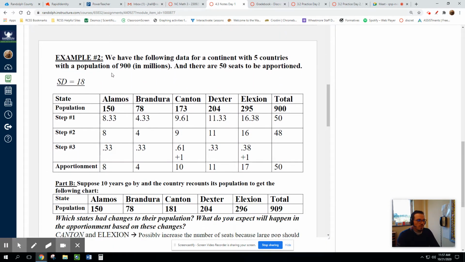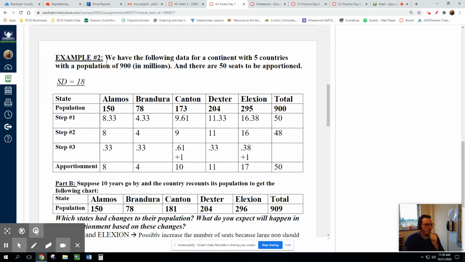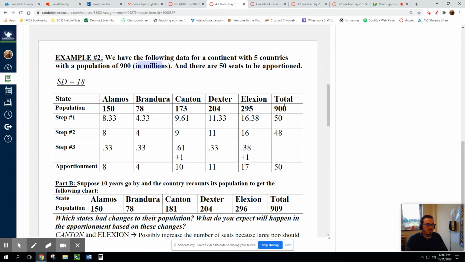So for example, again, in example 2, we have the following data for a continent with 5 countries with a population of 900 million, and there are 50 seats to be apportioned. So the standard divisor here is 18. You should be getting better at this, but again, the standard divisor is 18. So how do I know it's 18?